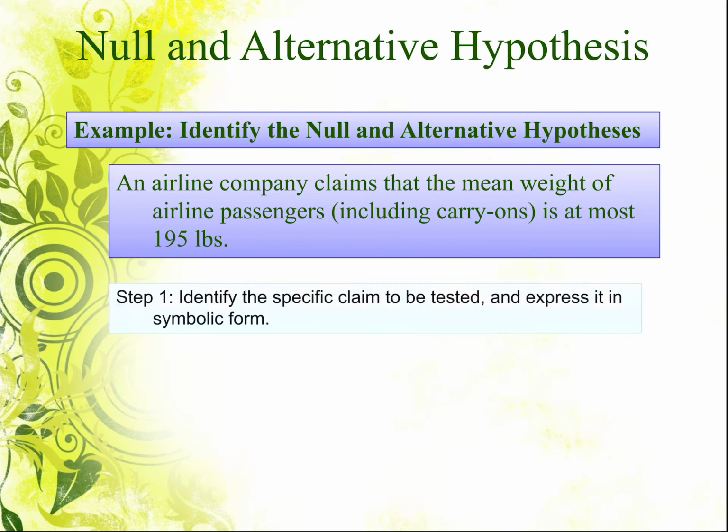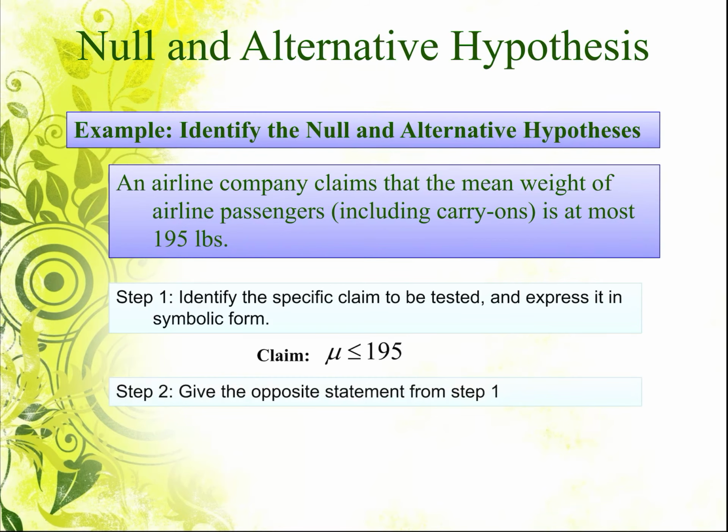And since this is a mean, we'll use mu. So first thing we want to do is identify the specific claim and express it in symbolic form. So mu is at most, less than or equal to 195. That's the claim. Its opposite would be mu is greater than 195.